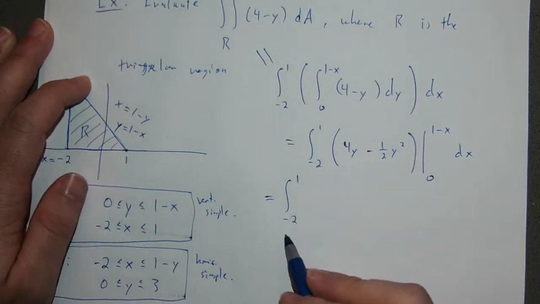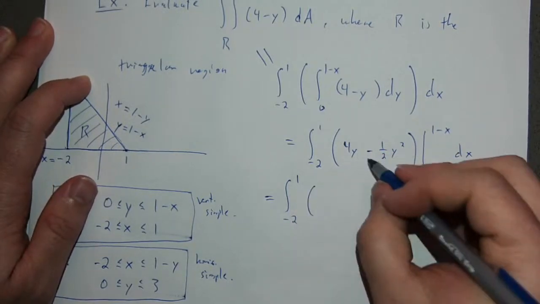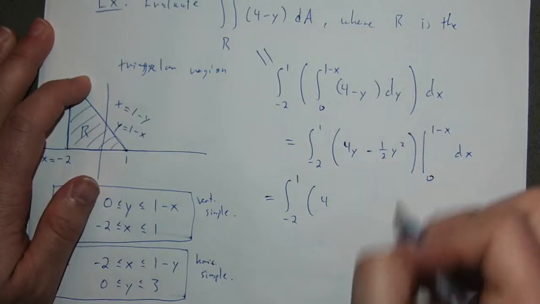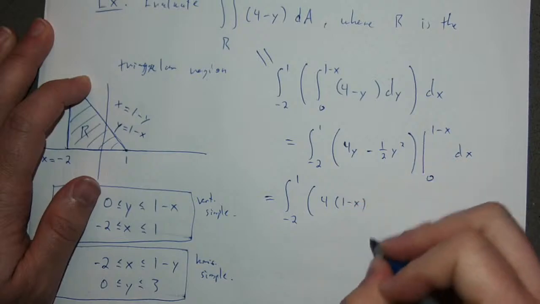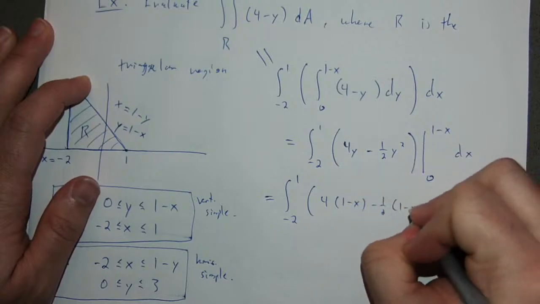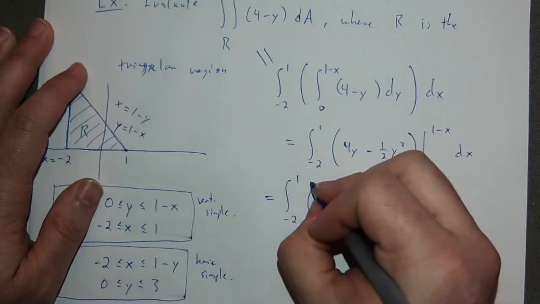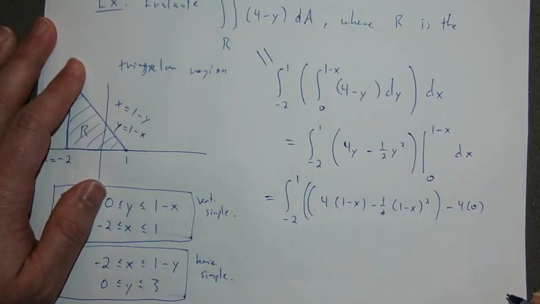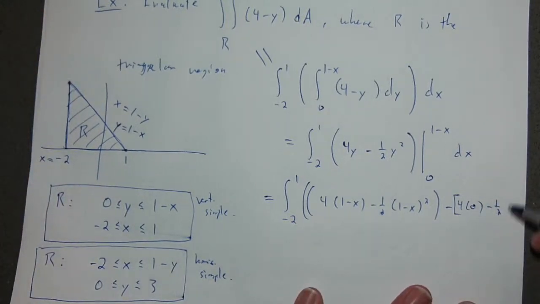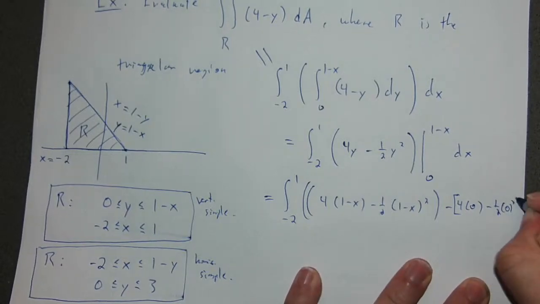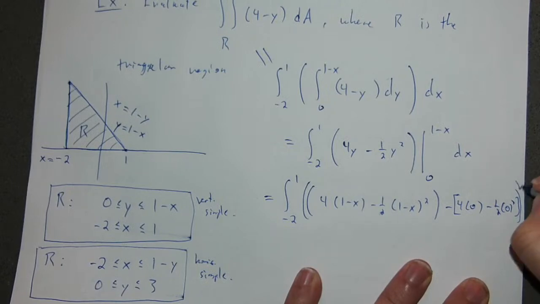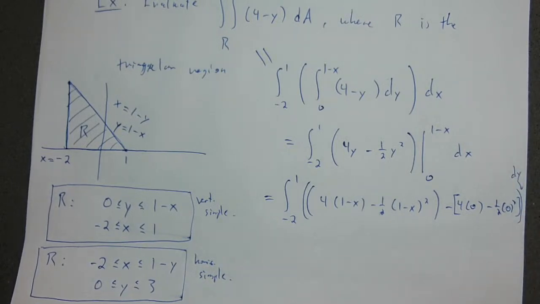So it's the integral from minus 2 to 1 of 4 times, plugging 1 minus x into y here, 4 times 1 minus x minus 1/2 times 1 minus x squared, minus 4 times 0 minus 1/2 0 squared, dx. So that's 0.